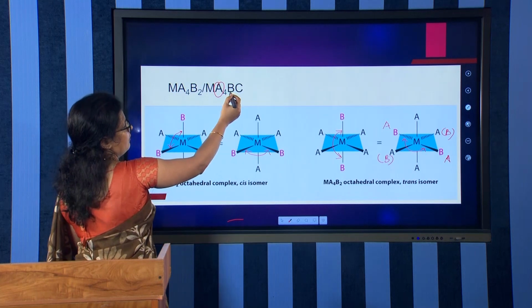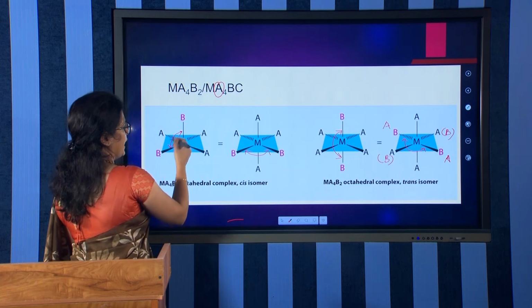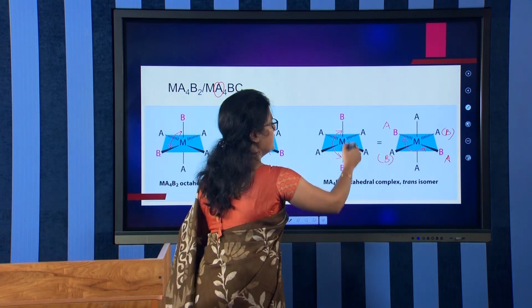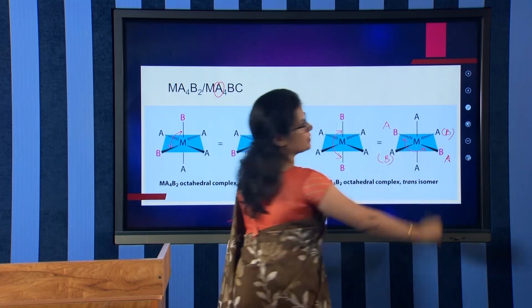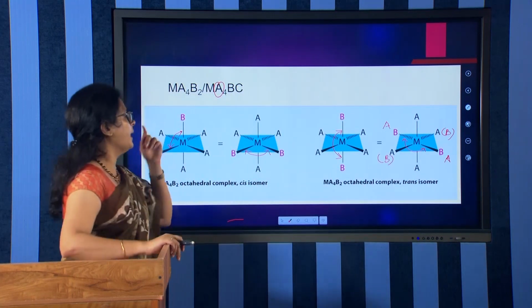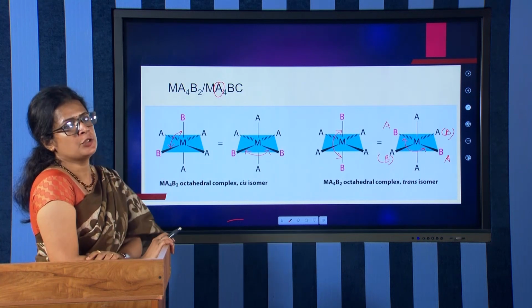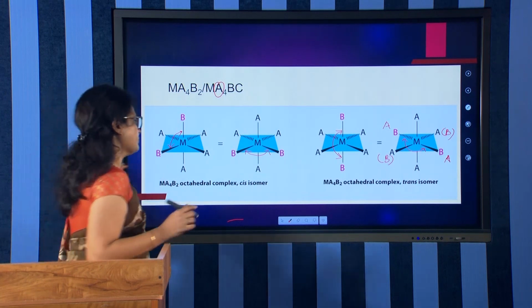When this B and C are like this, it will be a cis isomer, and if this B and C are like this, it will be a trans isomer. So, MA4B2 and MA4BC will show geometrical isomerism.